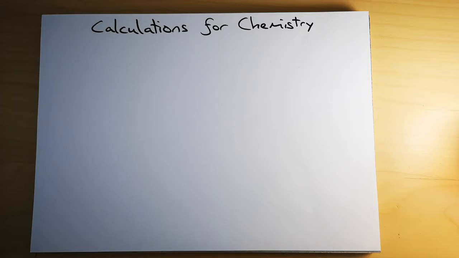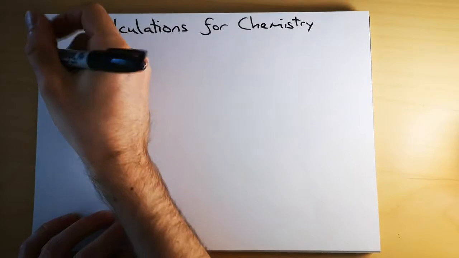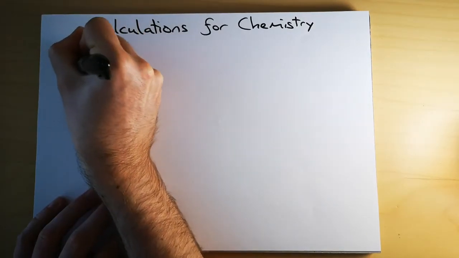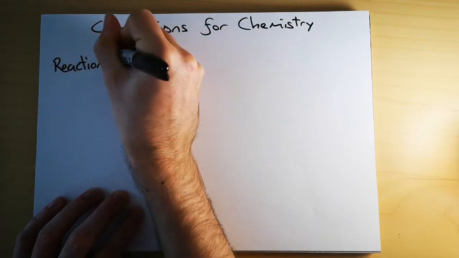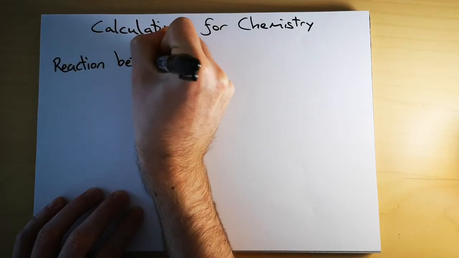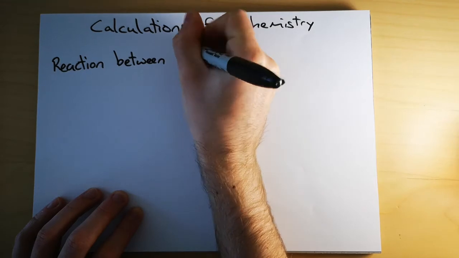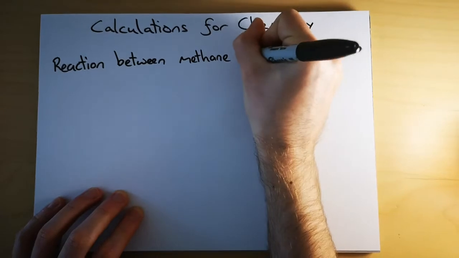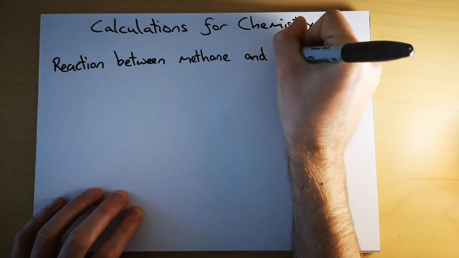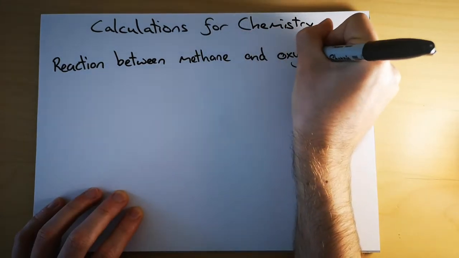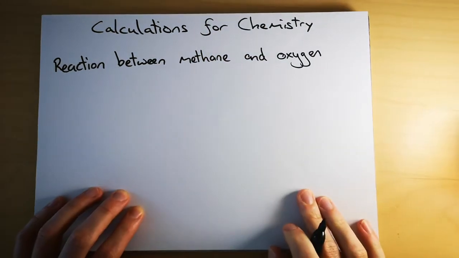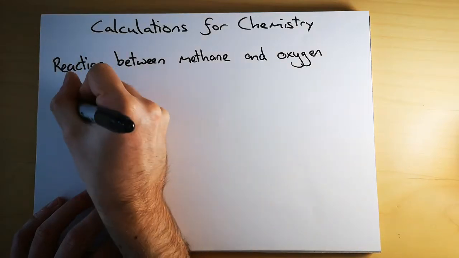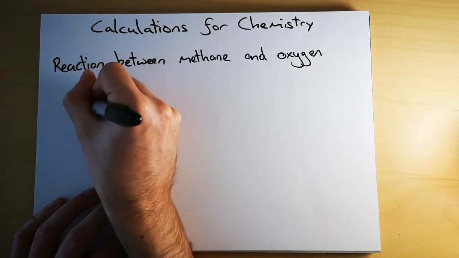So what we're going to do is look at the reaction between methane and oxygen. So methane is our simplest hydrocarbon. It is CH4.